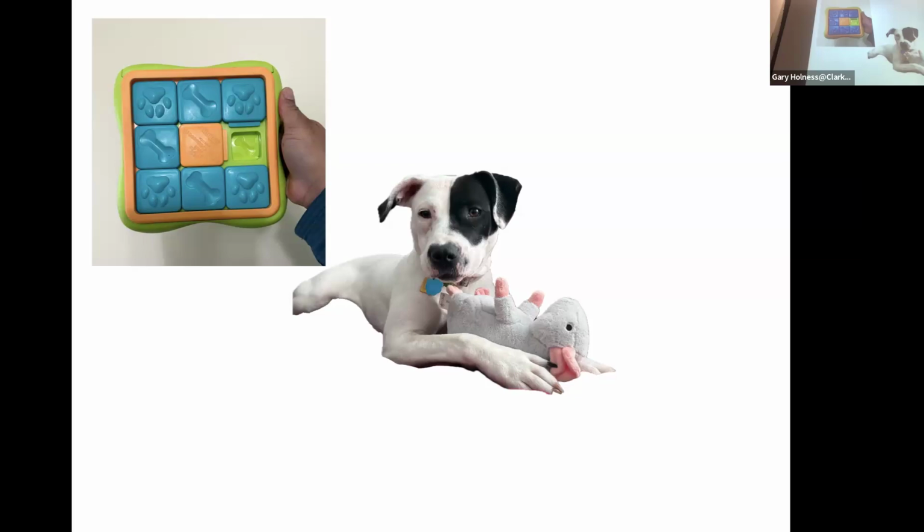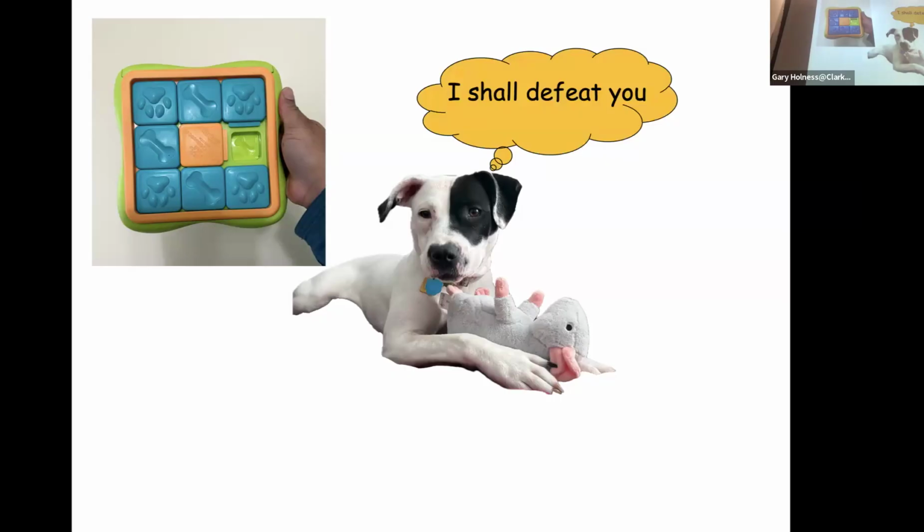Getting that treat is a good thing. Part of this learning process, which we will formalize with reinforcement learning, is how to ascribe the actions that you take proportionately to this reward at the end. It's an interesting problem. But nonetheless, Raja's sentiment is, I shall defeat you. And she did so handily.